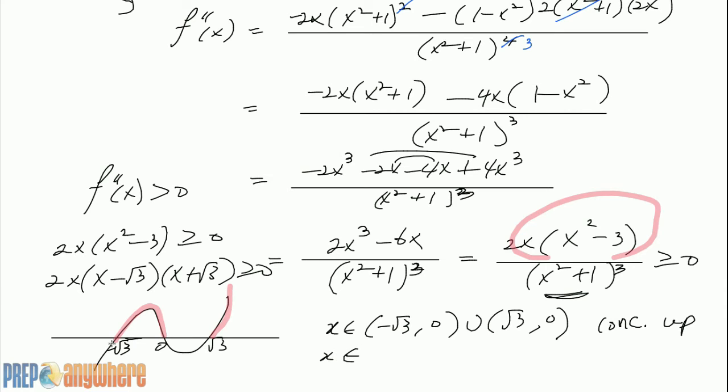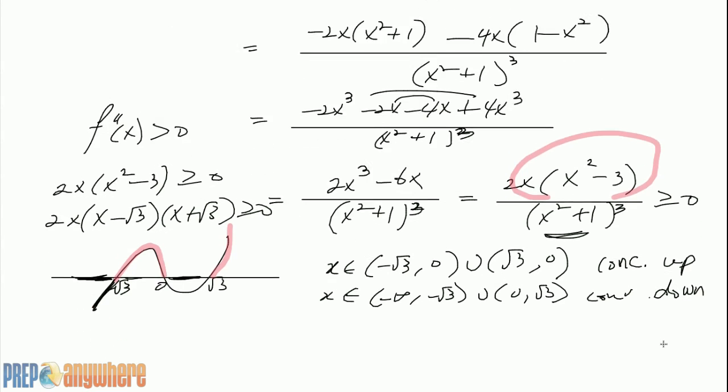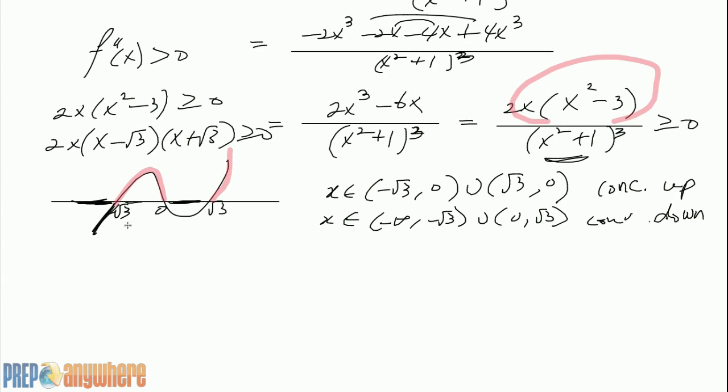Okay, in the other intervals, in between, so from minus infinity to minus root 3, union 0 to root 3, it's concave down. Okay, so the concavity changes at all 3 points. Therefore, the inflection points are x equals plus or minus root 3 as well as 0.